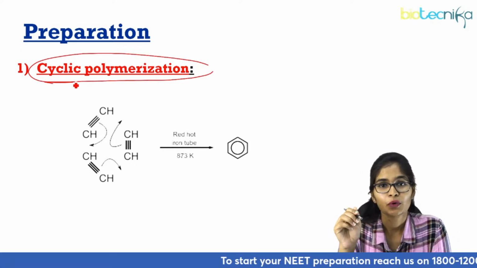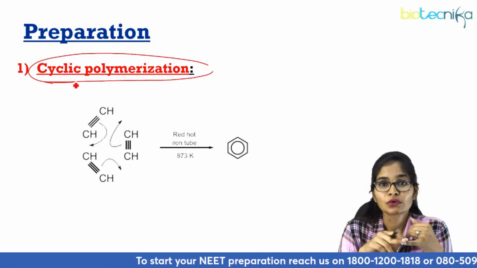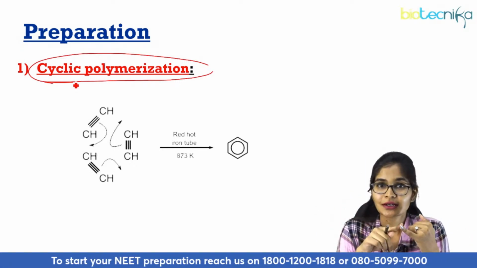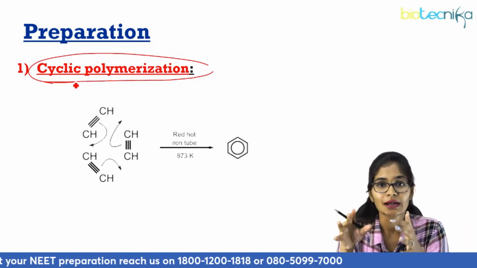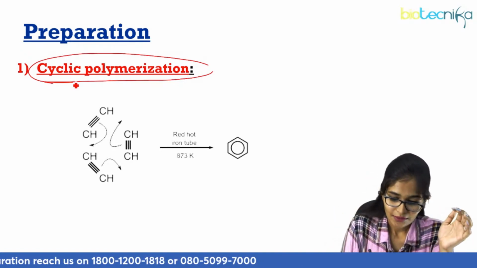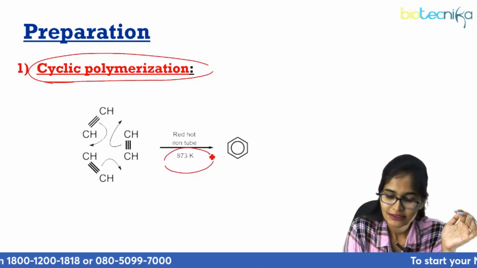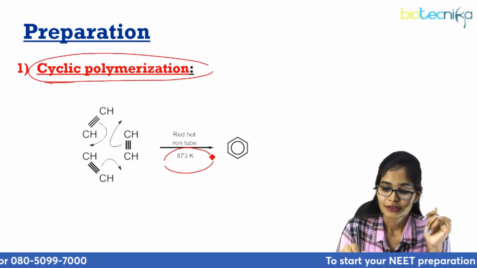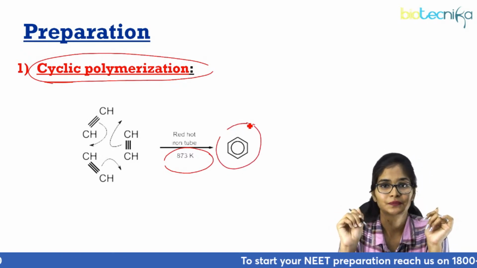In the cyclic polymerization method, 3 moles of ethyne are considered and passed through a red hot iron tube, where a temperature of about 873 Kelvin is maintained, and you get benzene. All right.